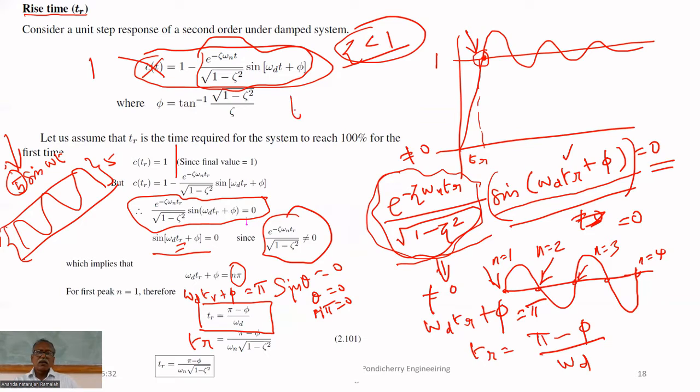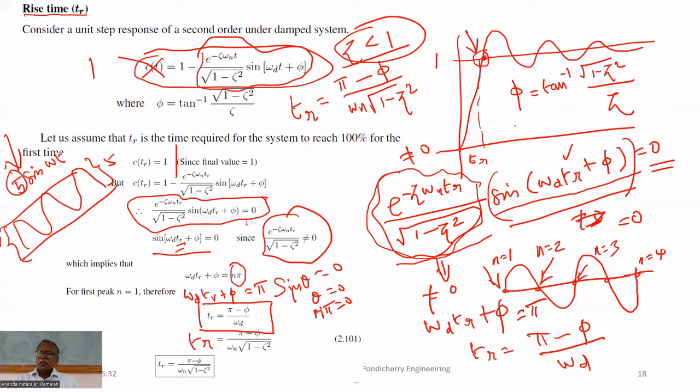Therefore, the expression for tr, the time at which it reaches the first time peak, is pi minus phi upon omega n square root of 1 minus zeta square, where phi equals tan inverse of square root of 1 minus zeta square upon zeta. Its unit is radians.